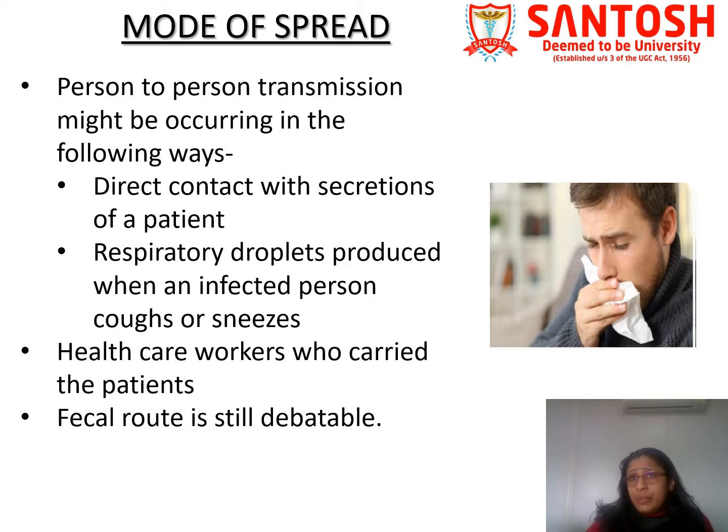Then it could spread through healthcare workers who have been involved in the care of patients. And some researchers have also found the fecal route as a route of transmission, but that is still debatable. It has not been conclusively found that the fecal route is another mode of transmission.